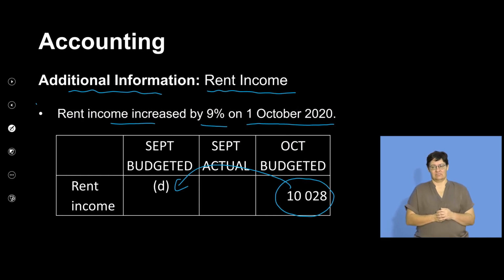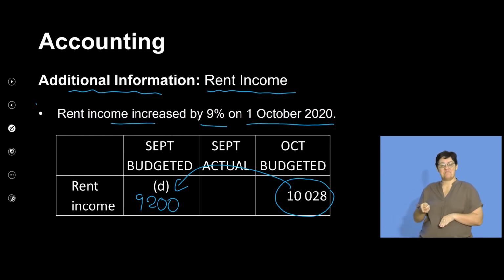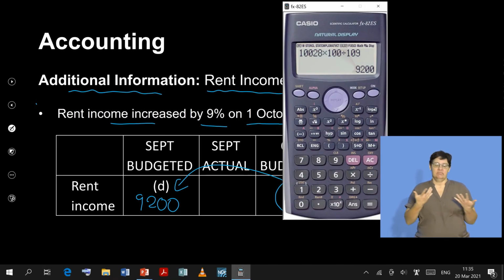So in other words, if we have to complete this table, you can see that that is your 9,200, which was your rental prior to the increase. If you want to check on it, certainly you can do that as well. All that you do is you take 9,200 times the 9%.